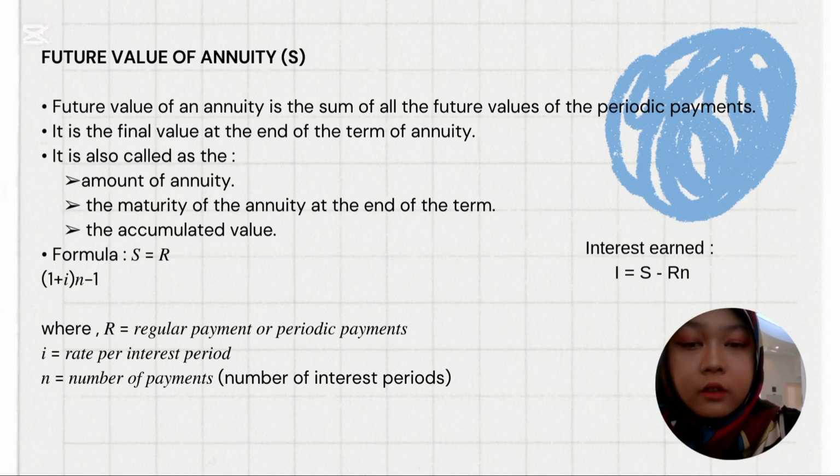The formula for accumulated value is S equals R times [(1 plus I) to the power of n minus 1] over I, where R is the regular or periodic payment, I is the rate per interest period, and N is the number of payments, also called the number of interest periods. To find the interest, the formula is I equals S minus nR.